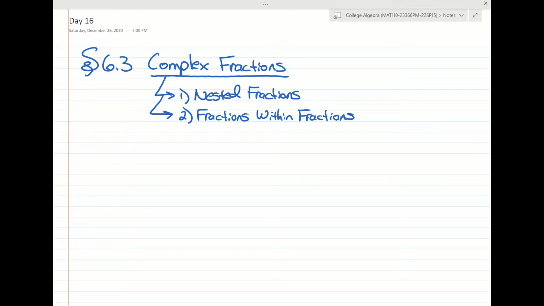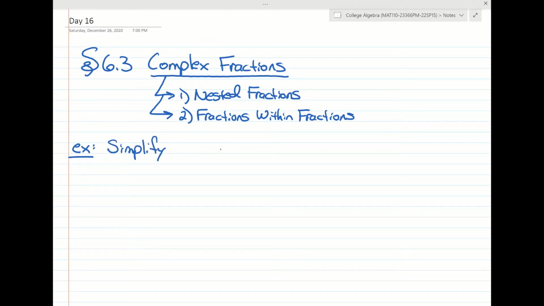In order to handle this, there's a couple different ways to do this. I want to show you both ways, and I want to give you the opportunity to figure out which way you like better. So, first thing we'll do is let's start with an example. Let's say we had the example where we're told to simplify.